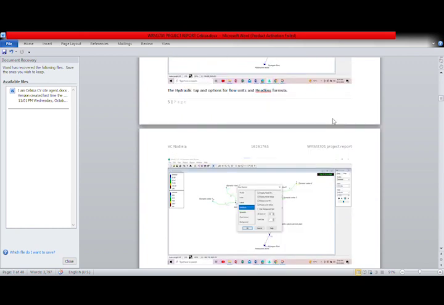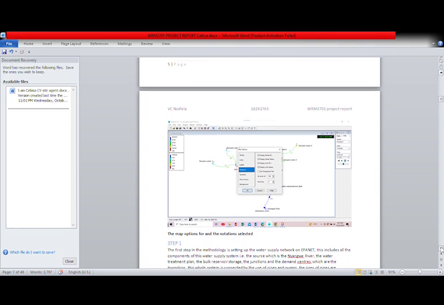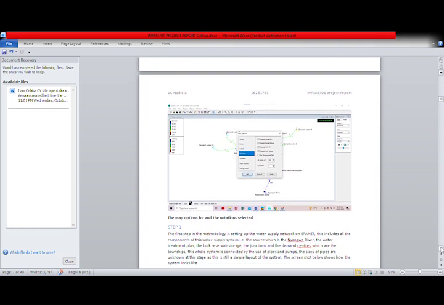As we set the default settings, we also go to options, and you set your notations. You disable node IDs, display link IDs, and symbols. Everything must be ticked here.